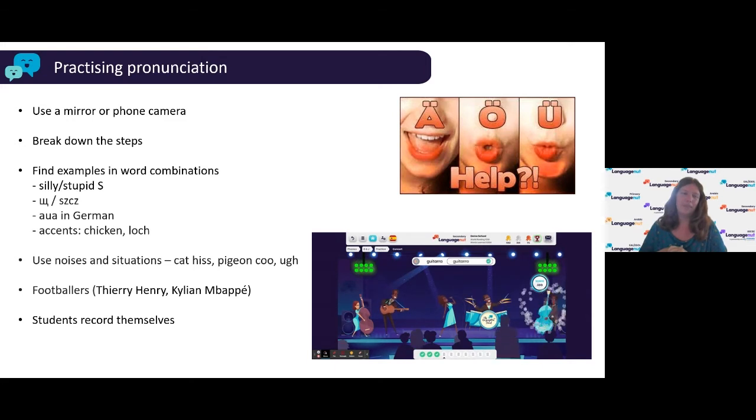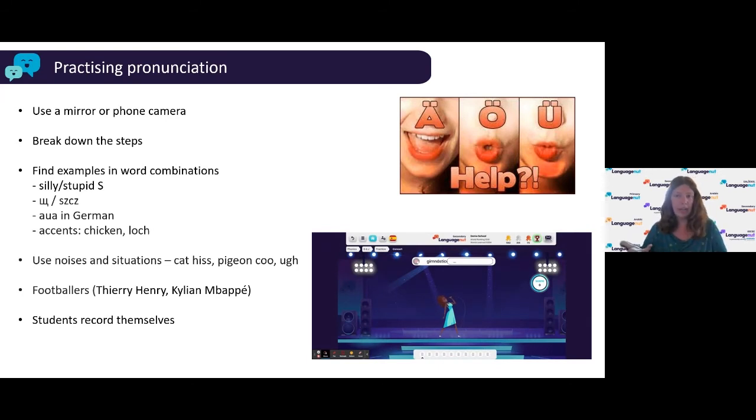Another thing you can do for sounds that aren't in the language of the student, so English in my case, is to find examples in word combinations or different ways. So for example, I've been learning Arabic, and there are two S's in Arabic, and my teacher told me there's a silly S and a stupid S, and it hadn't really occurred to me, but the S in silly is different from the S in stupid.